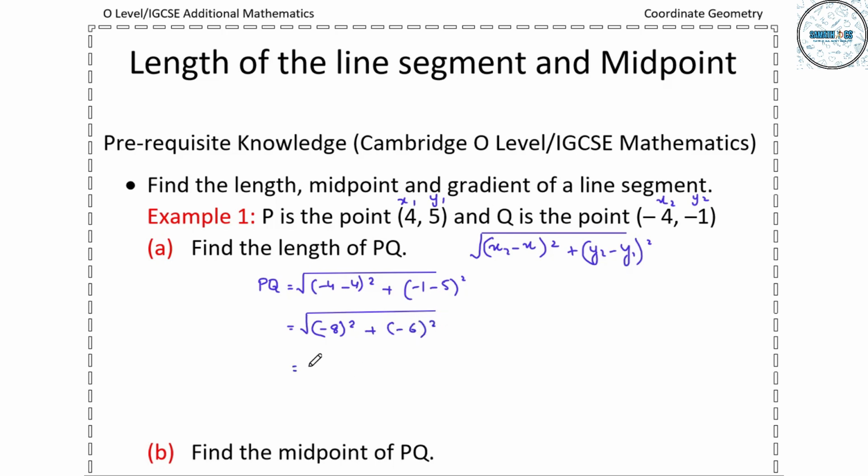So we have 64 plus 36, which is equal to the square root of 100. The square root of 100 is 10.